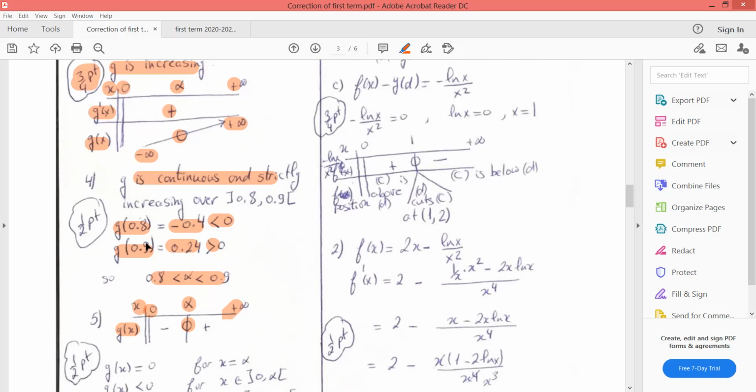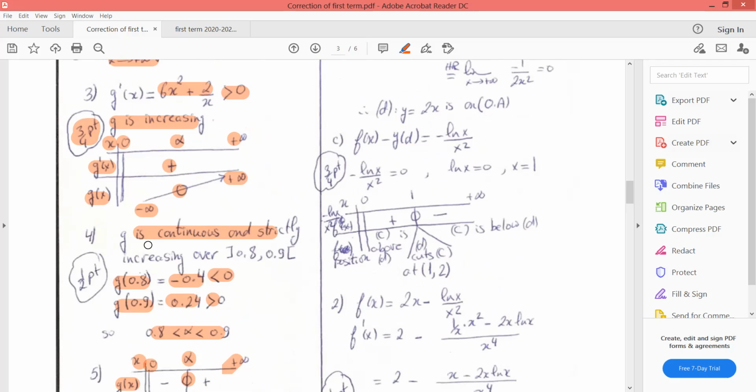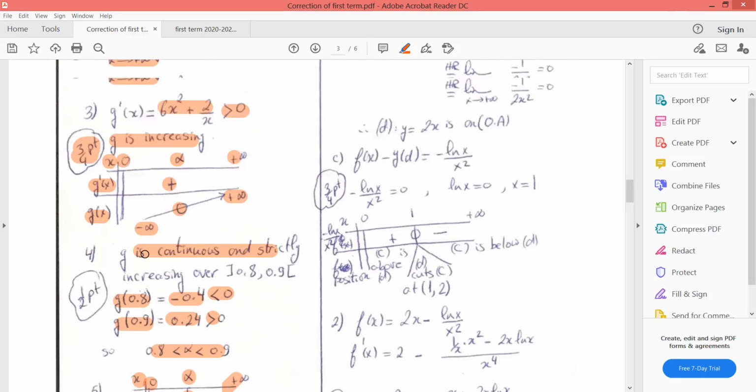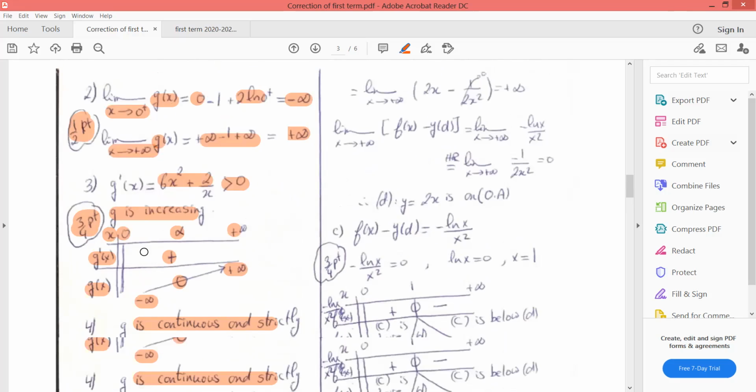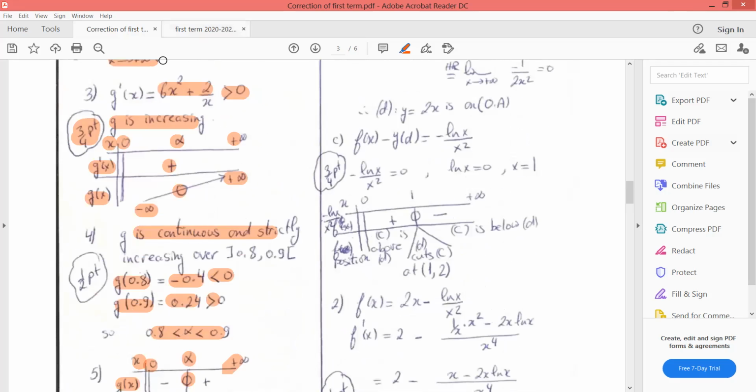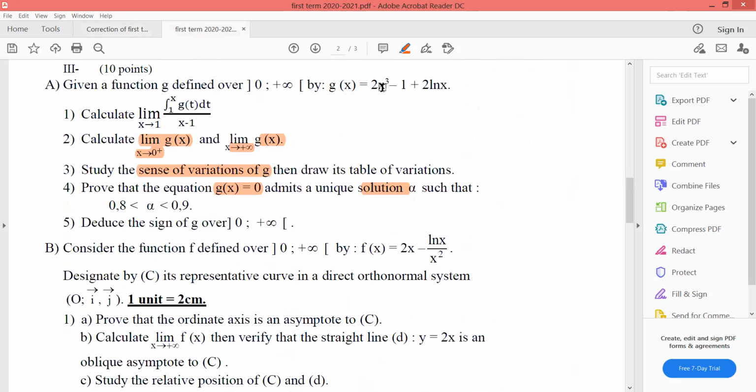If I take, instead of x equal 1, if I replace x by 1 in the function, we get 2 minus 1 is 1, plus 2 then 1 is 0. So we get 1, which is positive.